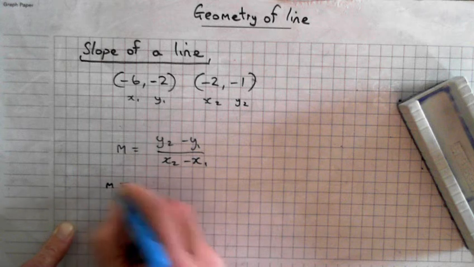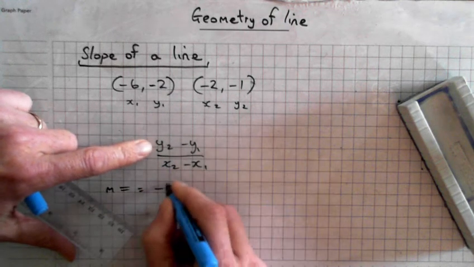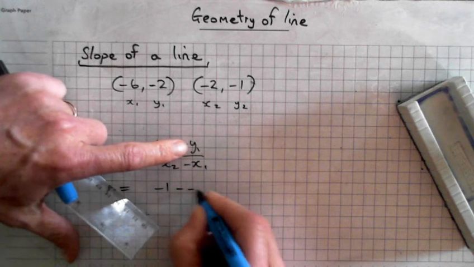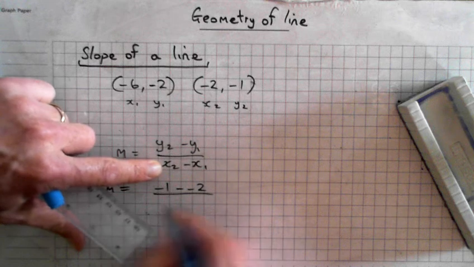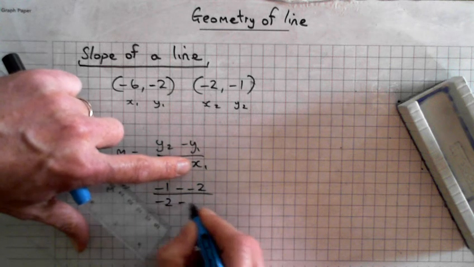Just follow the formula. So y2, first of all, is minus 1, minus y1, minus 2, over x2, minus 2, minus x1, minus 6.